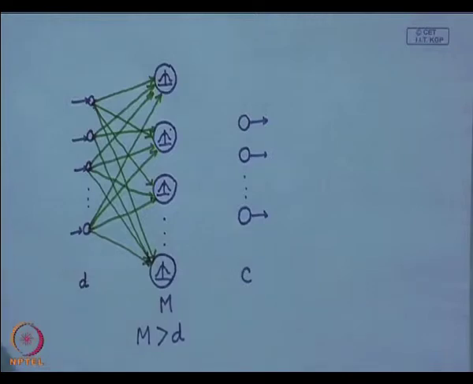So, these are the connections from the input layer nodes to the hidden layer nodes, and because the purpose of this connection is simply to forward the input feature vector to the nodes in the hidden layer, we can assume that weight of each of these connection is equal to 1.